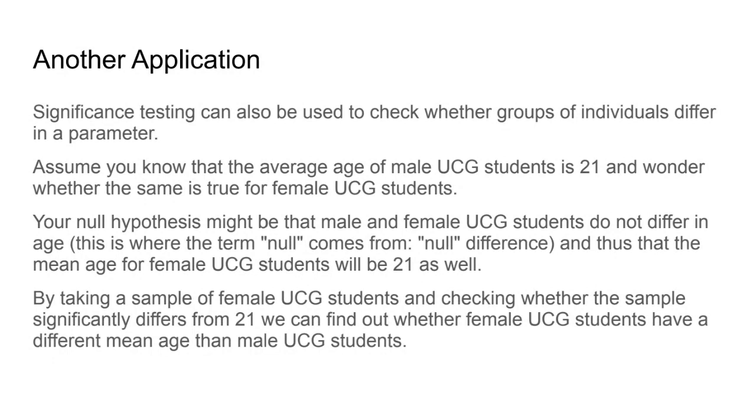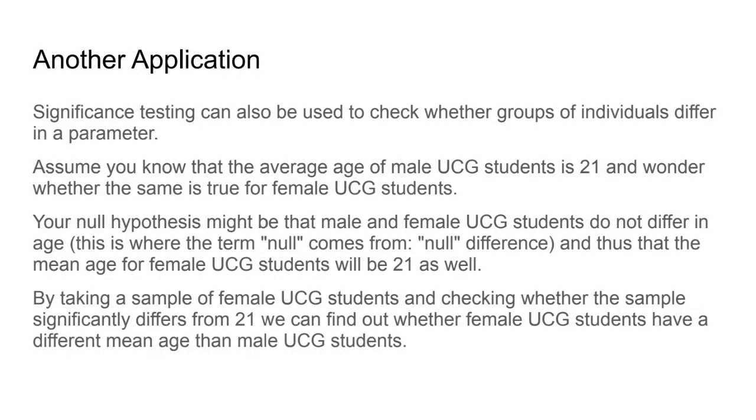So assume that the average age of male UCG students is 21, and you wonder whether the same is true for female UCG students as well. In this case, your null hypothesis might be that male and female students do not differ in age. And this is where the term null hypothesis comes from, I think. Previously the term was a little bit surprising. Why would we say null hypothesis in that case?